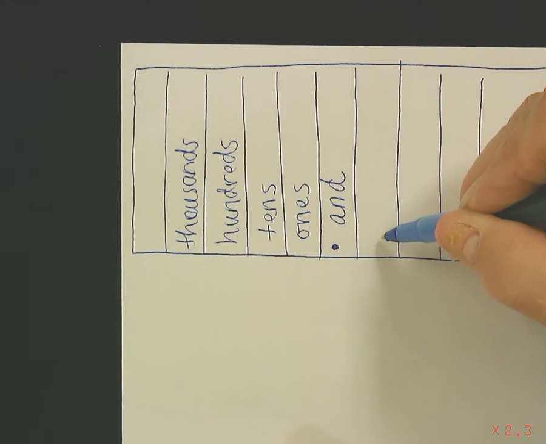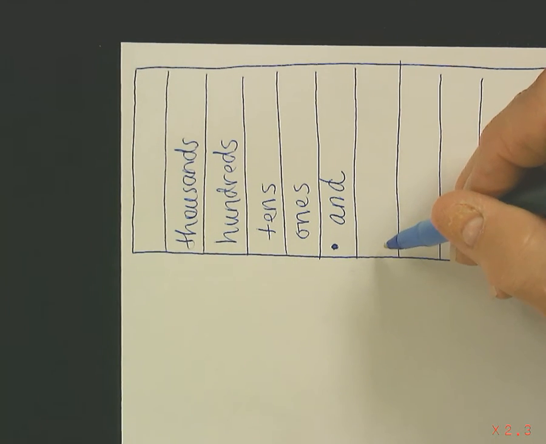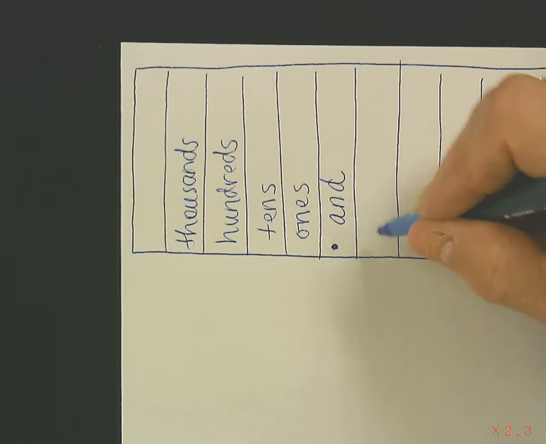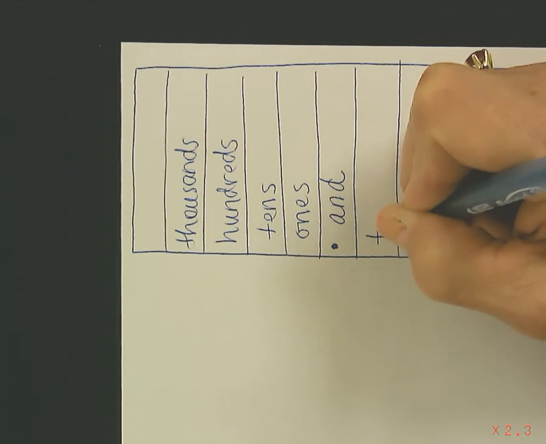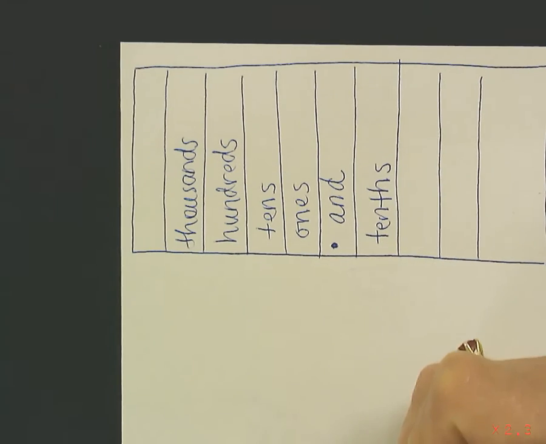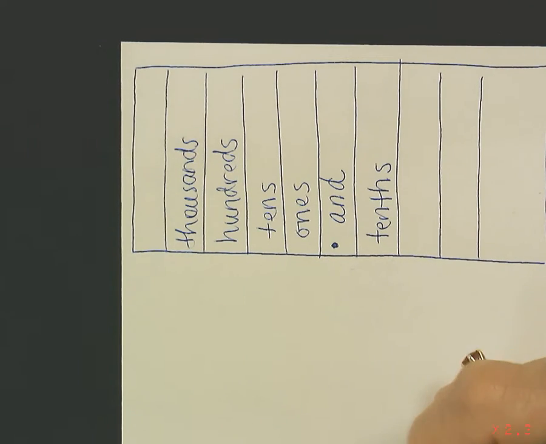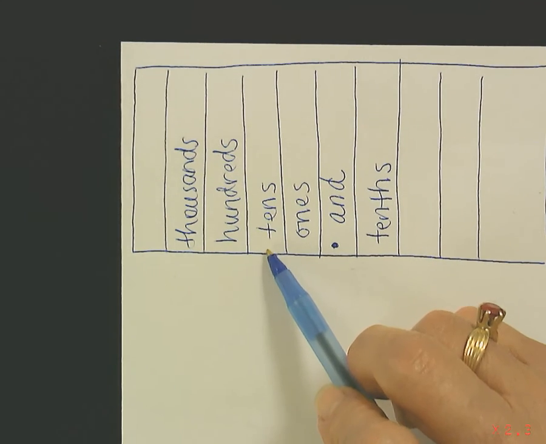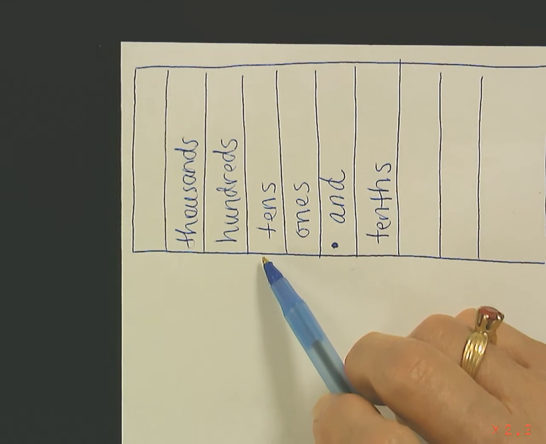So anybody remember what that first place after the decimal's called, Hannah? It is called tenths. TENTHS. Way different than tens. If you've got $10, you can go buy something with that.